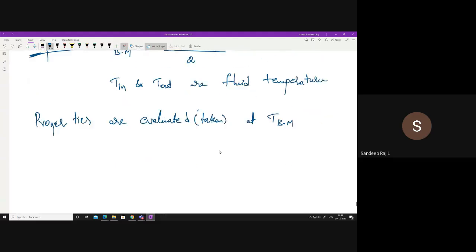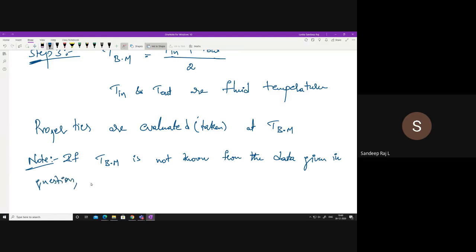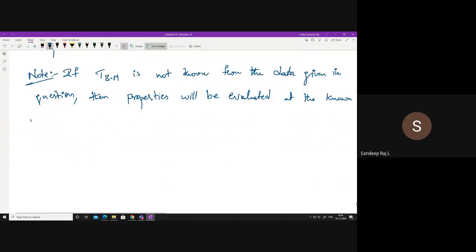If there is a note here, there is an exception. If T bulk mean is not known from the data given in the question, then properties will be evaluated at the known temperature of the fluid.